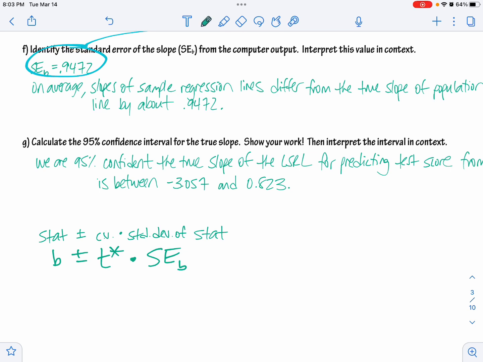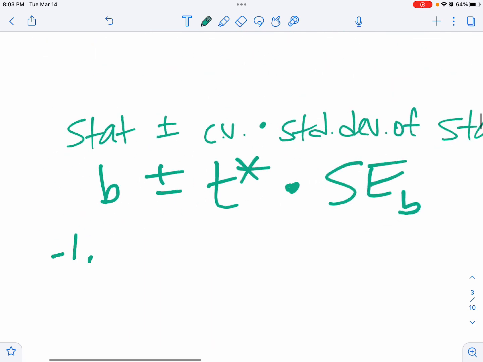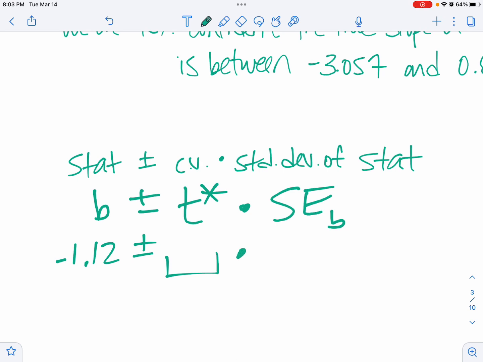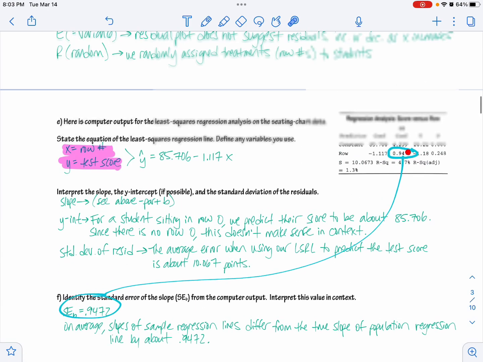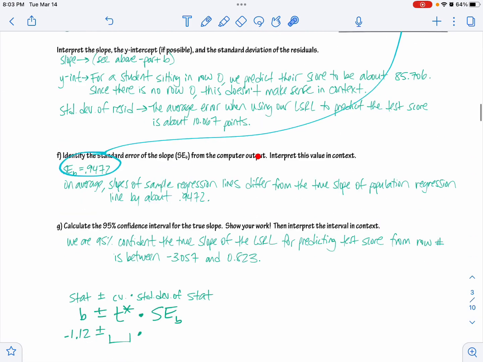So let's plug all that stuff in. Do you remember that the slope from the front page of the scatter plot at the very top was negative 1.12? I'm going to leave that t star for a second, and I'm going to plug in everything else I know. The SE sub B is this number from the regression output. Remember, it's from right here, 0.9472.